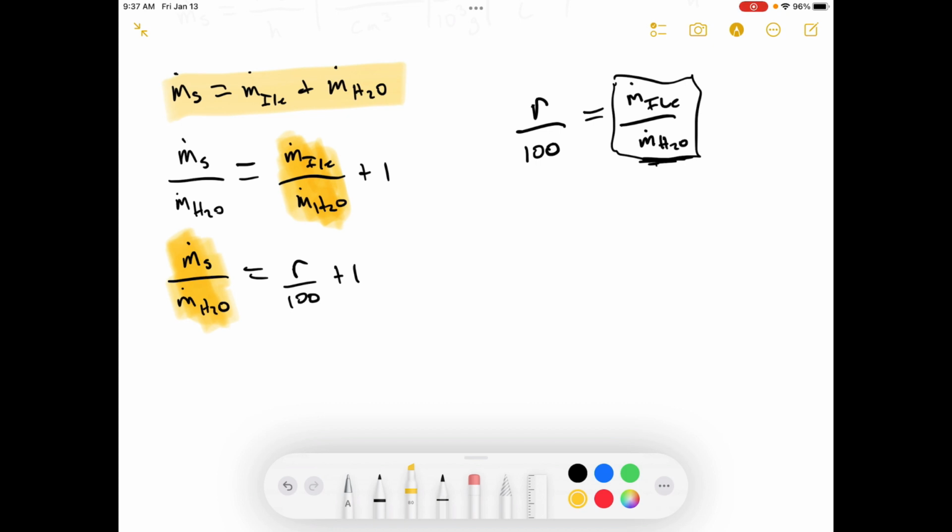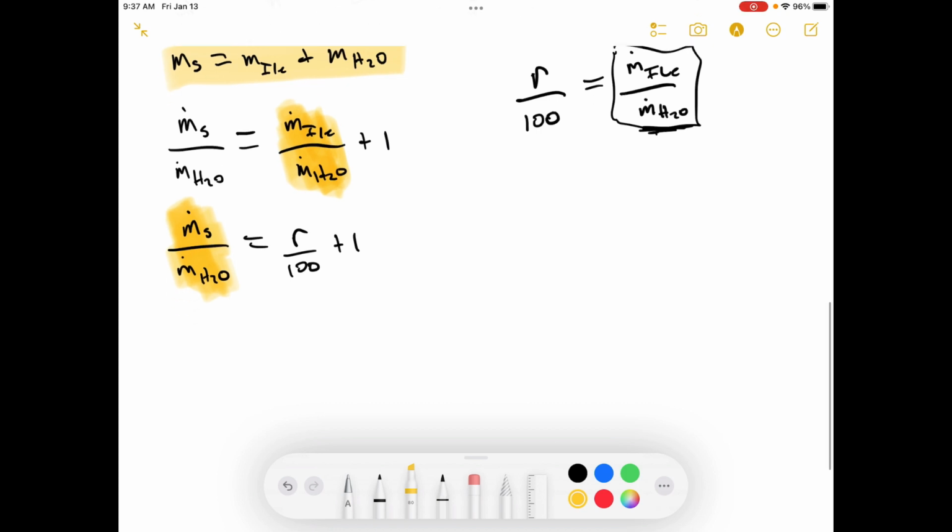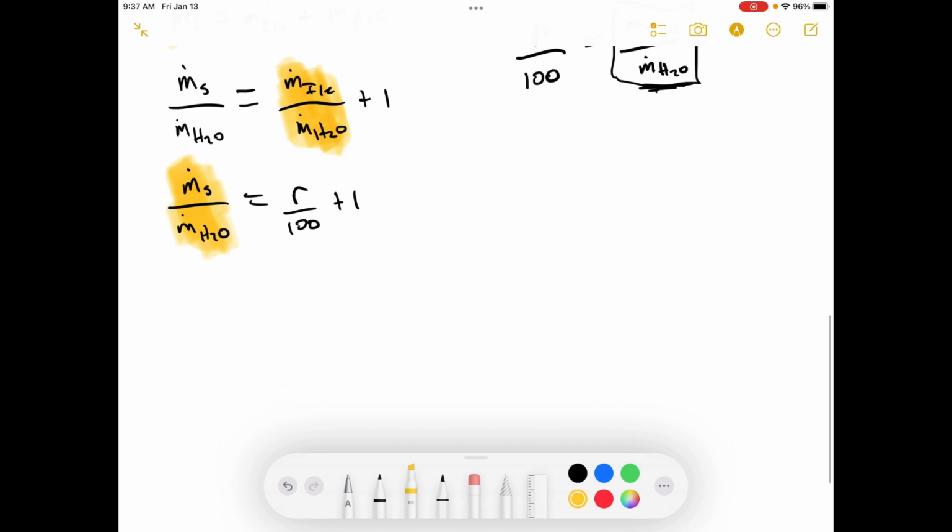So let's take the reciprocal of this so we can work in the mass fraction of water. Okay, so now we've found out what the mass fraction of water is.